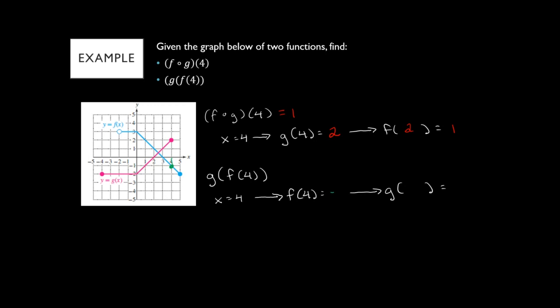F is the blue one, so that's going to be -1. So now I'm looking at -1 and g, which is the pink. So when x is -1, g is at -2. So our answer to g of f of 4 is -2.